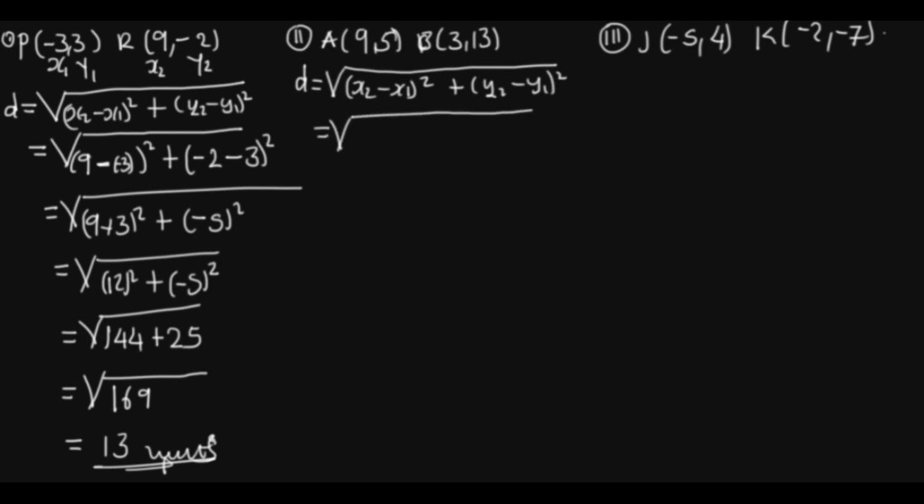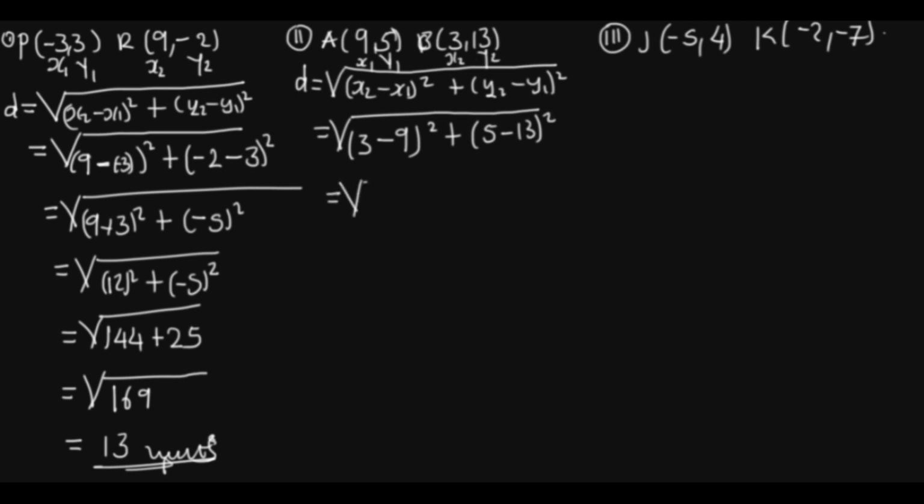Our x2 is 3 minus our x1 which is positive 9, squared, plus our y1 is 5 minus 13, since our y2 is 13.